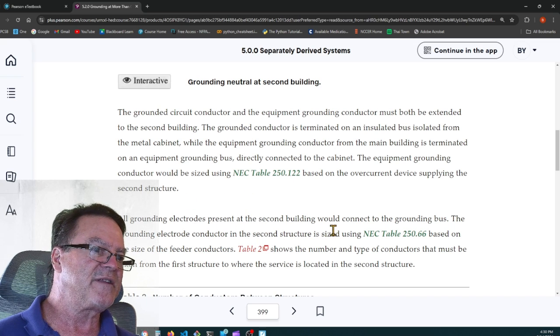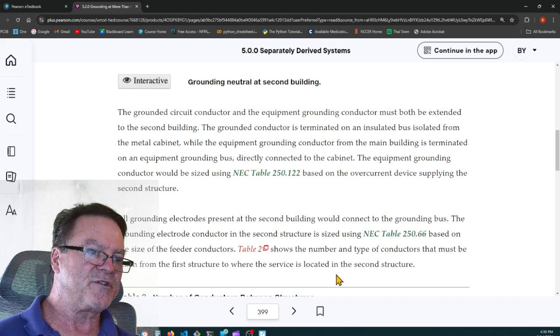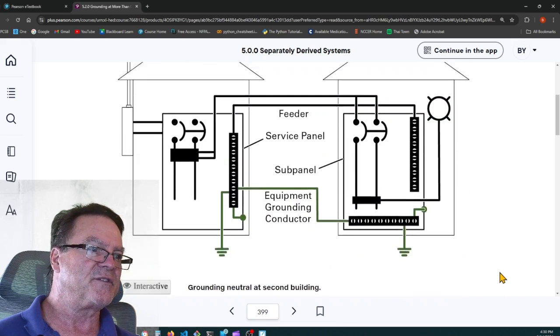All grounding electrodes present at the second building would connect to the grounding bus. The grounding electrode conductor in the second structure is sized using Table 250.66 based on the size of the feeder conductors. Table 2 shows the number and type of conductors that must be taken from the first structure to where the service is located in the second structure.